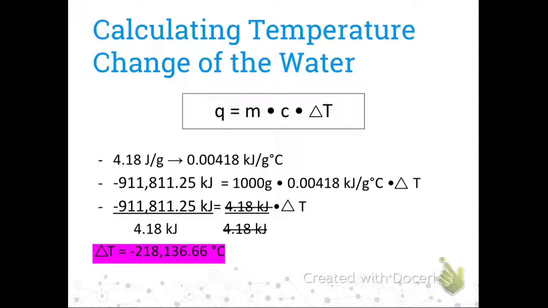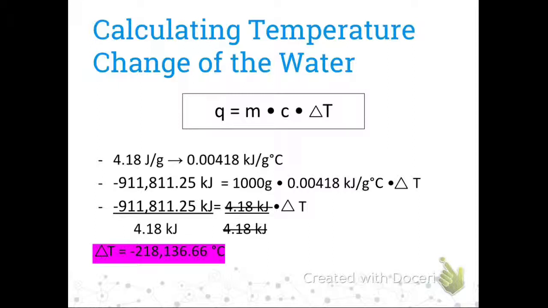Then, since we are dealing with water in the liquid state, the C, also known as specific heat capacity, is replaced with 4.18 joules per gram degrees Celsius. Since we are dealing with kilojoules, we must convert the specific heat capacity to kilojoules. To do that, we must multiply 4.18 by 0.001 because 1 joule is equivalent to 0.001 kilojoules.